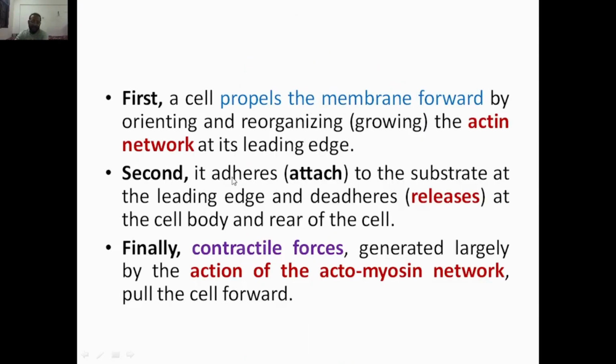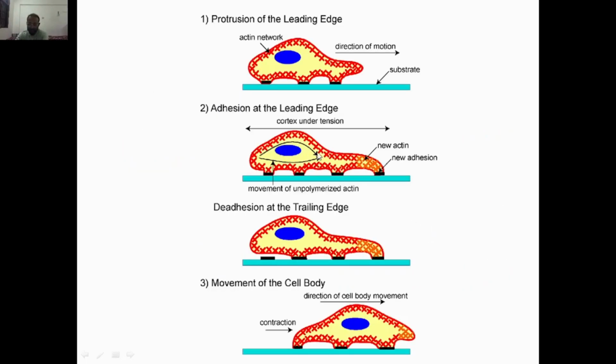Second, it adheres, attaches to the substrate at the leading edge, and de-adheres, releases, at the cell body and rear. So it moves like this, new actin will come and new addition will be there. So here 3 things were there, now it went like this. In the second step, what is happening? Addition at the leading edge, which is a cortex under tension, and because of the cell movement, the movement of unpolymerized actin, and here it attaches.